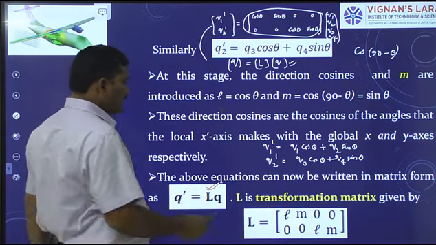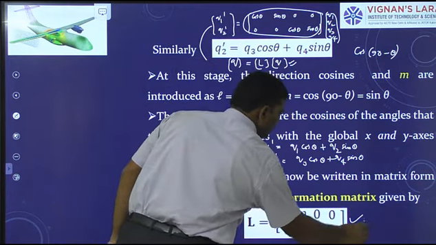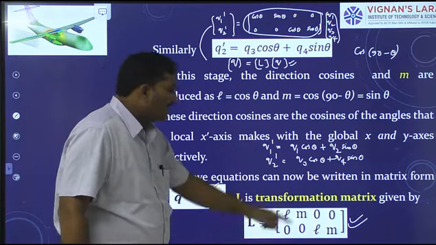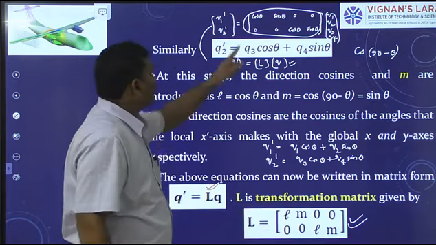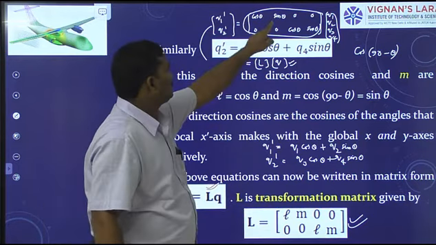L and M are the direction cosines: L is cos theta and M is sin theta.